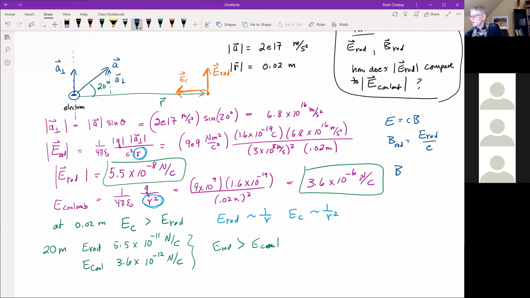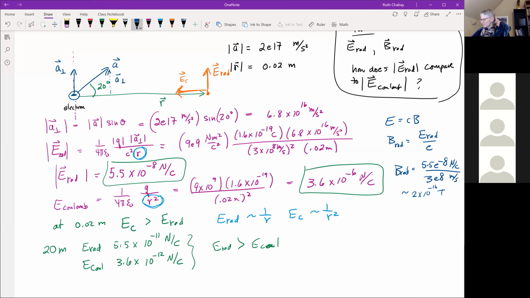So the radiative magnetic field that you'll see is 5.5 times 10 to the minus 8 newtons per coulomb divided by 3 times 10 to the 8th meters per second. So it's going to be something like 2 times 10 to the negative 16 tesla.